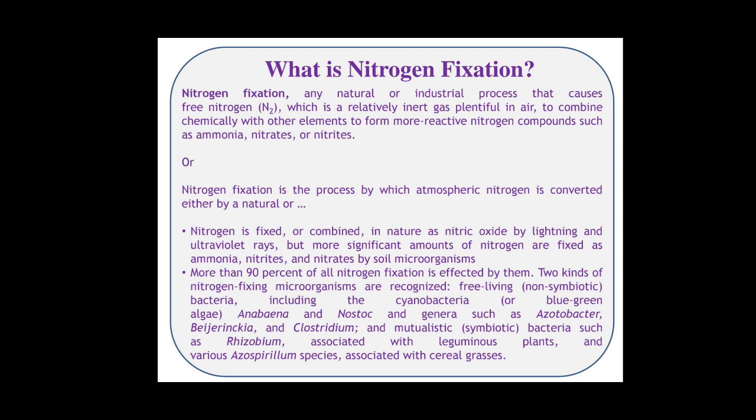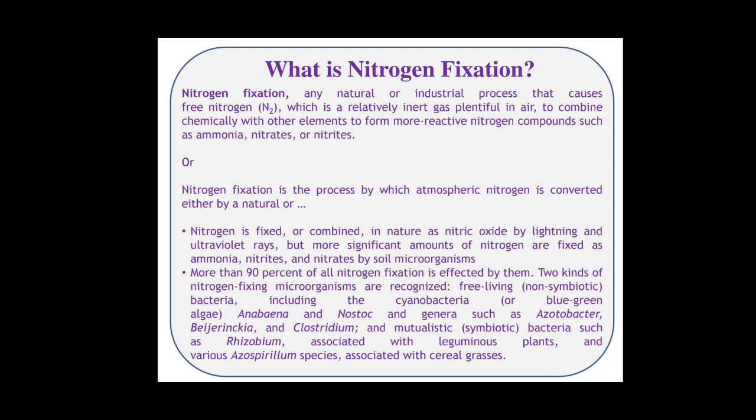Nitrogen is fixed or combined in nature as nitric oxide by lightning and UV rays, but more significant amounts of nitrogen are fixed as ammonia, nitrites and nitrates by soil microorganisms.